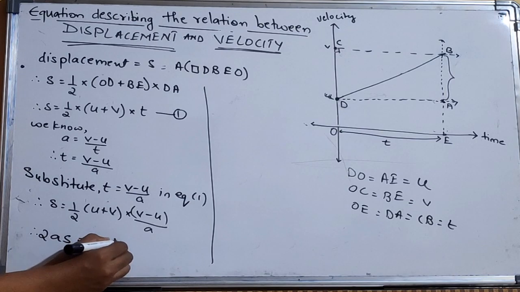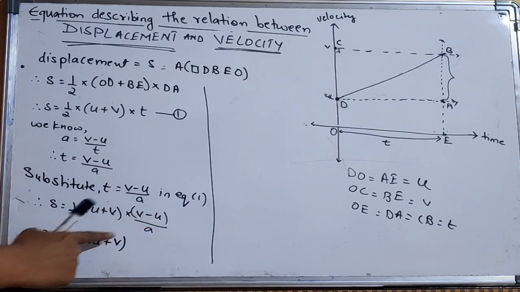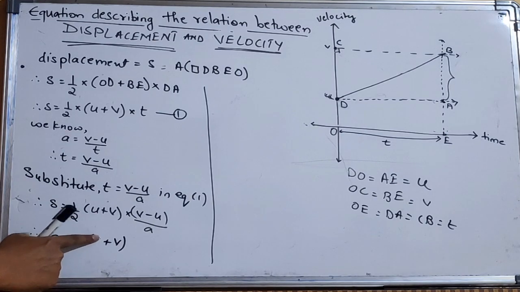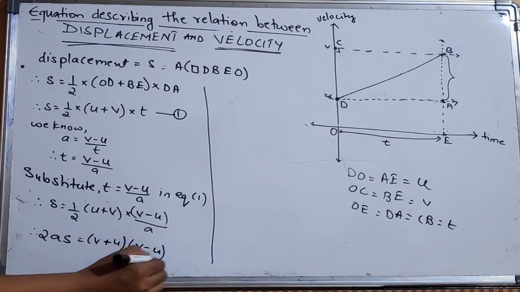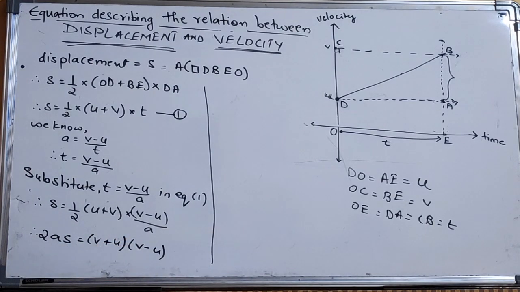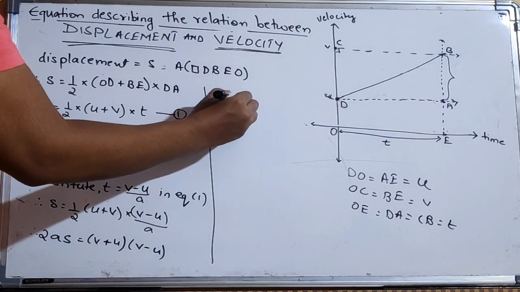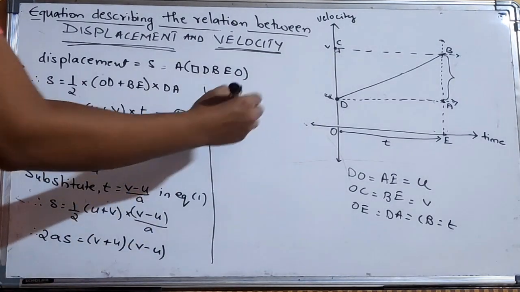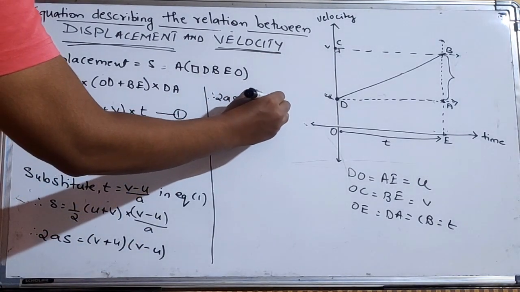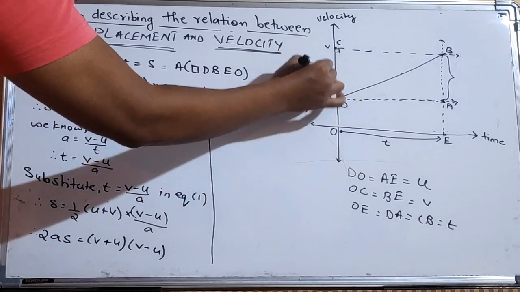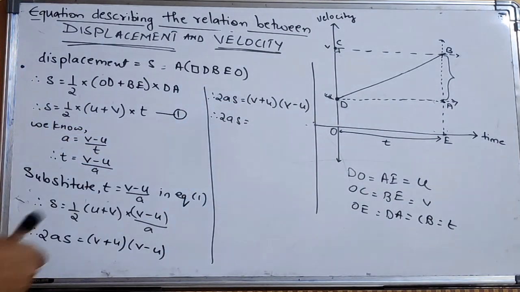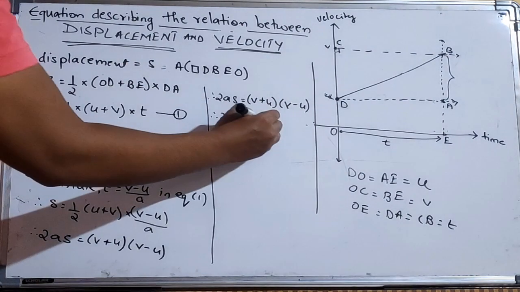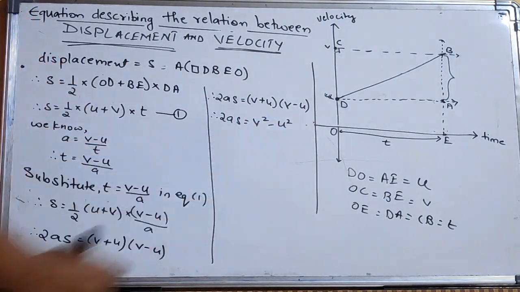Okay, now this A and 2 will get multiplied over here, so this becomes 2AS is equal to U plus V into V minus U. What I'm going to do is change this to V plus U and V minus U. So 2AS is equal to V plus U into V minus U. This is like A plus B, A minus B, so you're going to write V square minus U square.